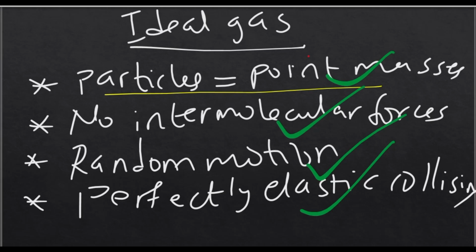Also, the particles should be point masses so that we won't have to deal with the particles that make up the molecules themselves, or the components of the molecules, before we come to what they contribute to the system as a whole. So the mathematics is a lot simpler now.